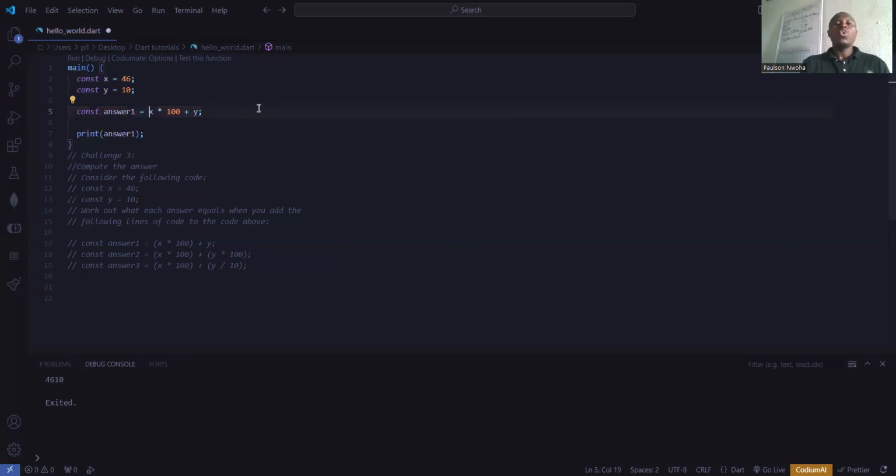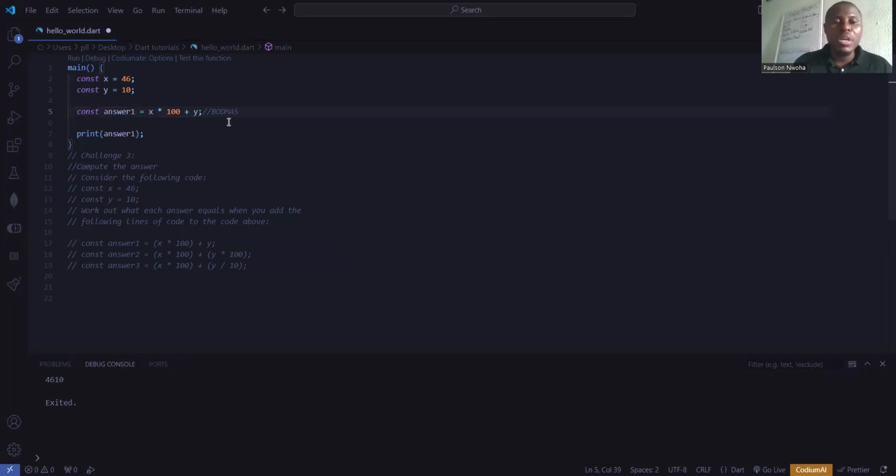you will not know which of the operations will come first. Is it s times 100 or is it 100 plus y? Remember BODMAS in mathematics from primary school. So what would come first? Bracket comes first, of comes second, division comes next, multiplication comes next, then addition and subtraction.